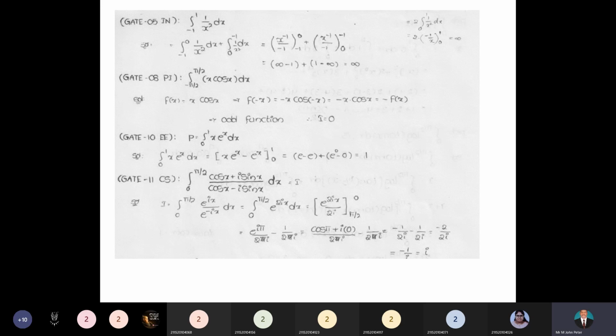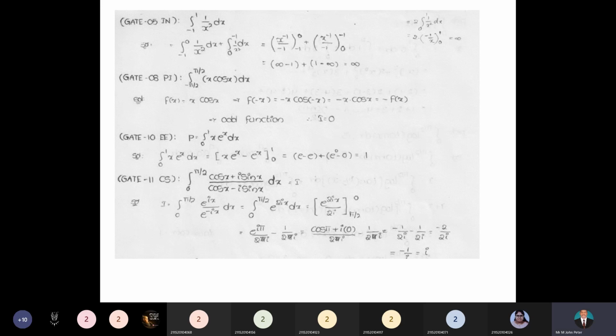Not all functions fall into only the two categories. There is a third category, neither even nor odd, where you cannot claim the function is even or odd.